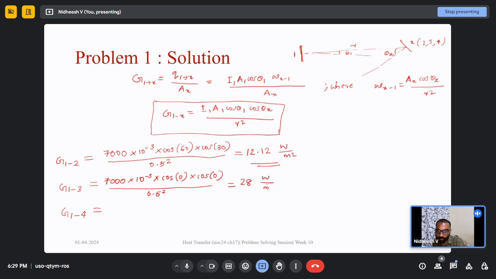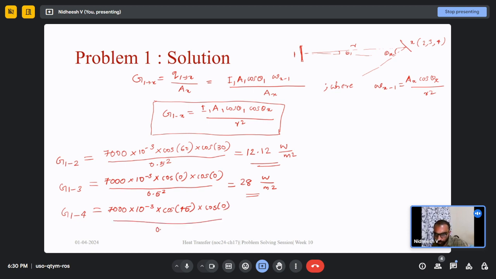Can you similarly find G14? Cos 0 divided by r, which is the same in all the cases.